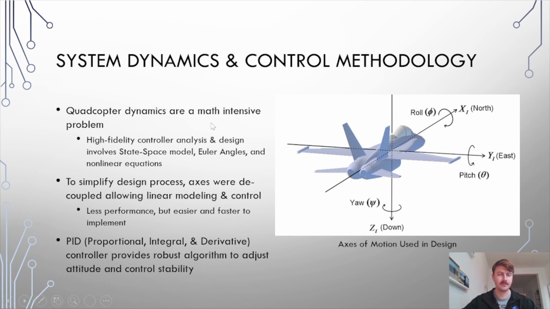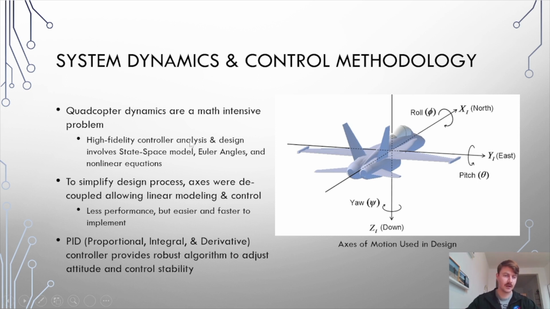It involves state space models, Euler angles, nonlinear equations, and was just a little out of the scope of this project. Something very interesting to research further, but the methodology that I used of decoupling the axes and using them as linear control provided just enough theoretical background to make the control happen.